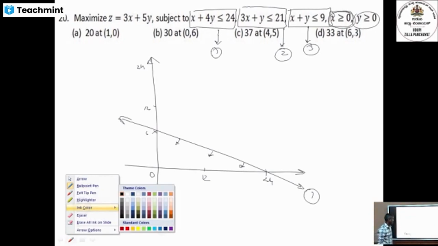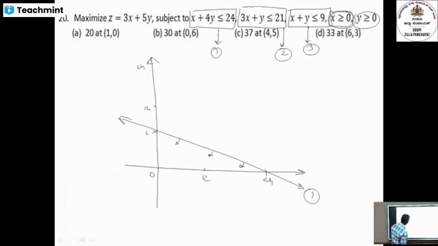When you consider the second one, when x equals 0, y is 21, somewhere here you will get 21. And when y is equal to 0, x is 7.